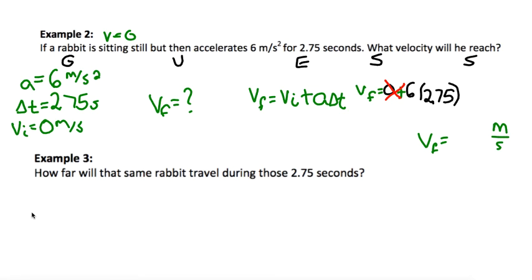It's motion equation number 2. It's that long distance equation. Distance is equal to velocity initial multiplied by time plus 1/2 acceleration multiplied by time squared. This has to be the one because this is the only equation that has distance in it.